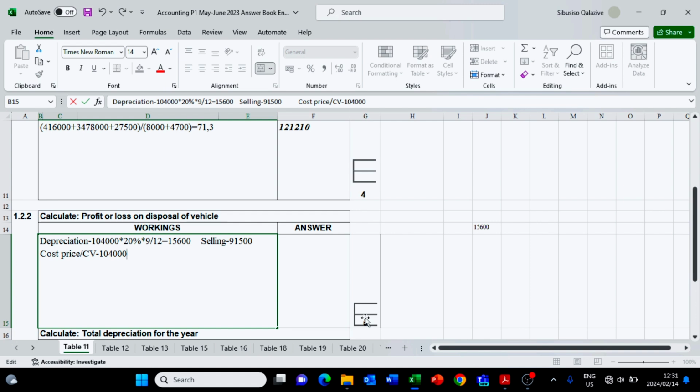So now how are we supposed to calculate the value of the profit or loss on disposal of fixed assets?